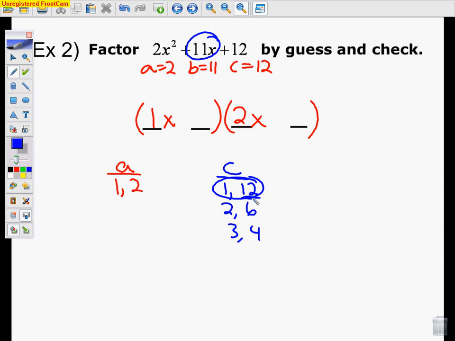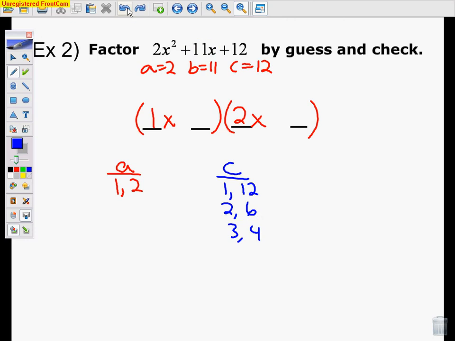And I already have a 12 in there. And 12 is too big, so I wouldn't even try that one. Alright, honestly, I wouldn't even try the 2 and 6. Because anytime you multiply an even number times anything, it's going to be even. And when you add two even numbers, that's going to be even. And I have 11x, so I wouldn't even try that.